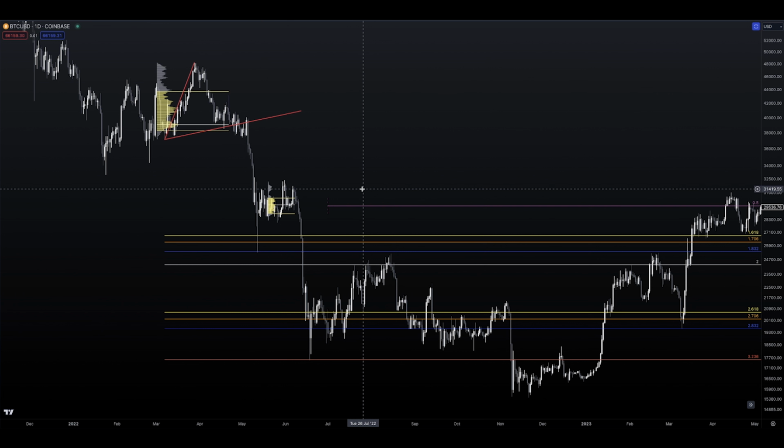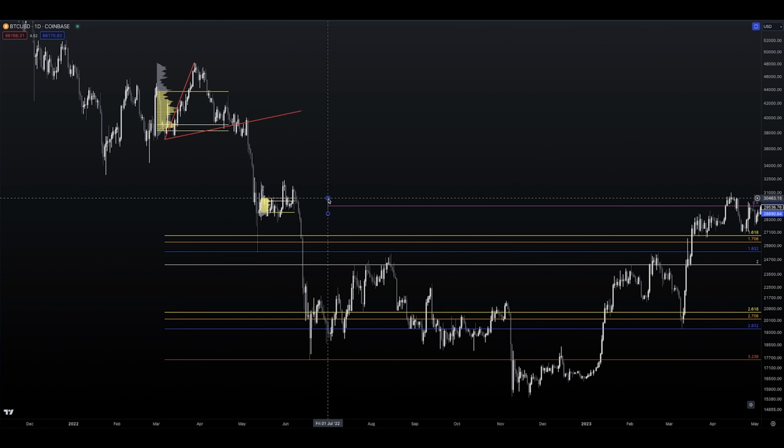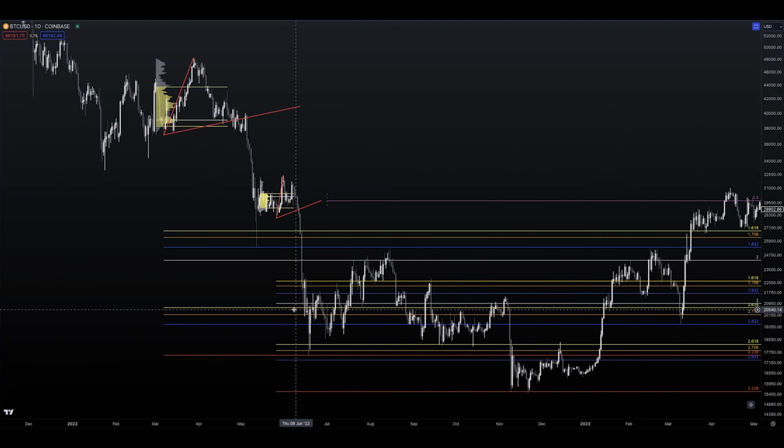So if we're trying to find confluence to help us get to those targets from this larger accum that does take priority, then we'll have to think about this range a little bit differently just so that we can actually get our confluence. So I'll pull it left a little bit to the first initial retrace just to get a little more volume information. I'll repull the 0.5, and in this case, I'll actually just use the high and the low of this entire mini range.